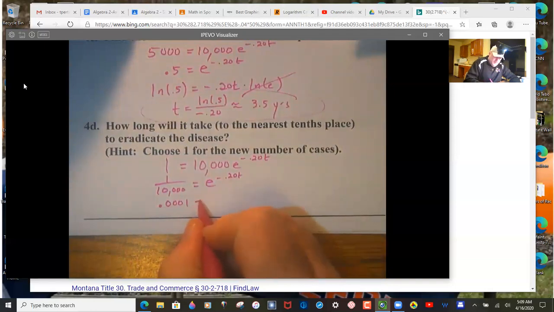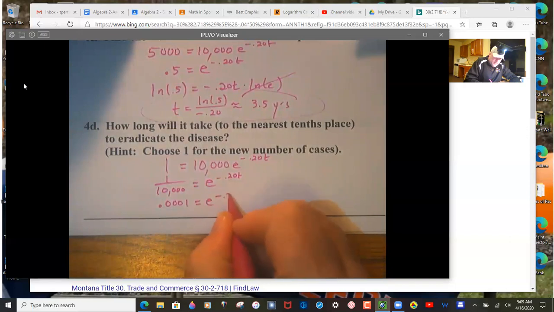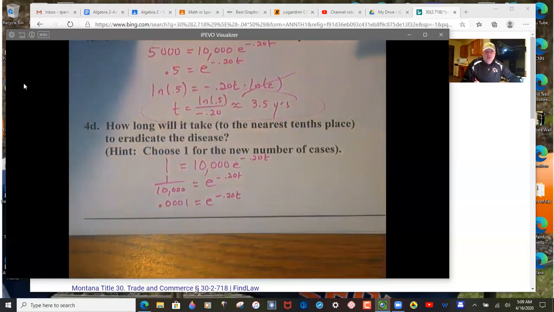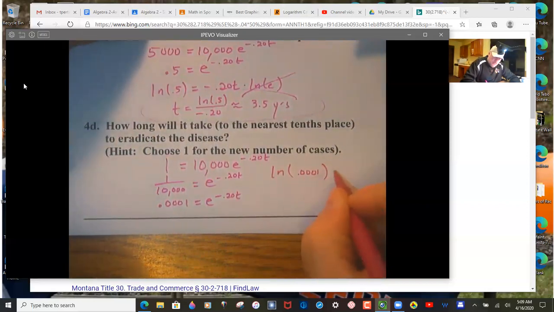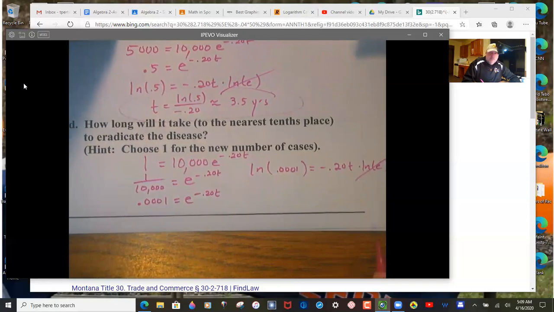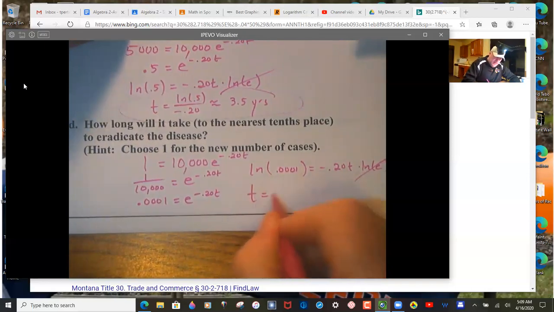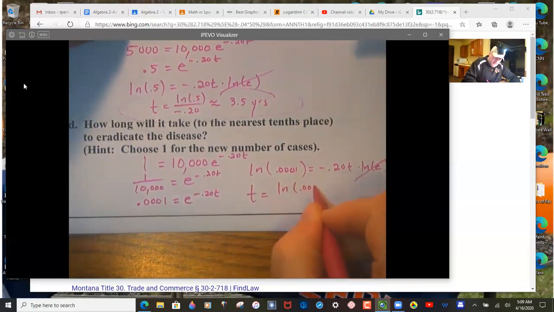Yep, equals. And then ln on both sides. ln of e is 1. And so time is ln of 0.0001 divided by negative 0.2.